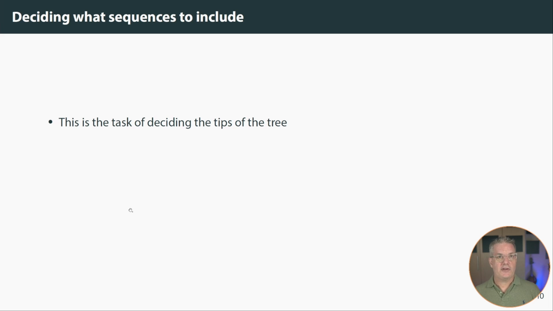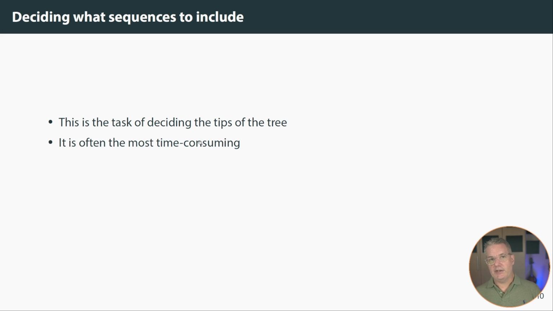Let's go through those steps a little bit. The first part: how do we decide what sequences to include? One way to think about this is that it is the same as choosing the tips, the leaves of the tree, because each of the sequences that we include eventually becomes a leaf in the tree. If we think of it that way, it might help us choose the sequences that we want to include depending on our task.